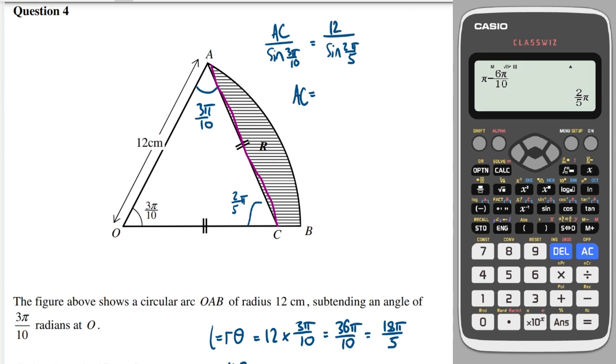I'll do that on my calculator. I'll do the 12 over, I just need to make sure my calculator is in radian mode, sine of 2 pi over 5, and then I'm going to multiply that by the denominator of the left side, which is sine of 3 pi over 10.